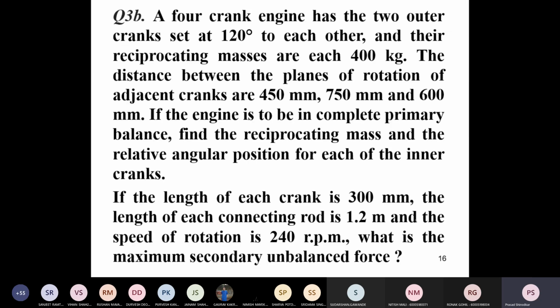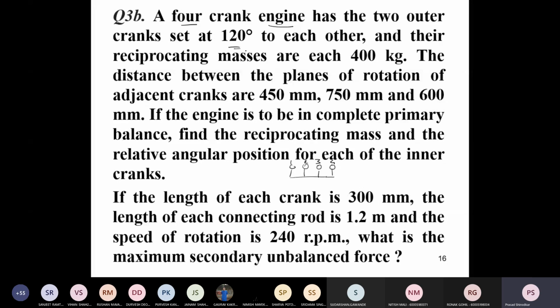Okay, so we have solved problems on 2 cylinders. Now let's solve a problem on a 4 cylinder engine. I'll just read the question. A 4 crank engine has 2 outer cranks set at 120 degrees. So there are 4 cranks, 1, 2, 3 and 4. 1 and 4 are the outer cranks.